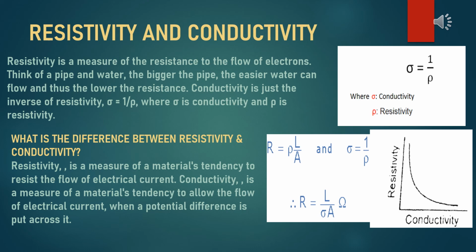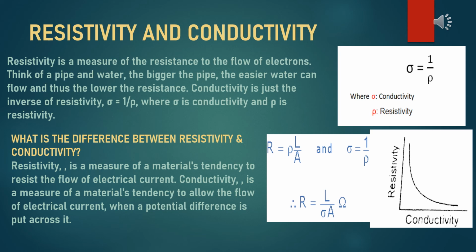Resistivity is a measure of a material's tendency to resist the flow of electrical current. Conductivity is a measure of a material's tendency to allow the flow of electrical current when a potential difference is put across it. So, R is equal to rho into L by A.